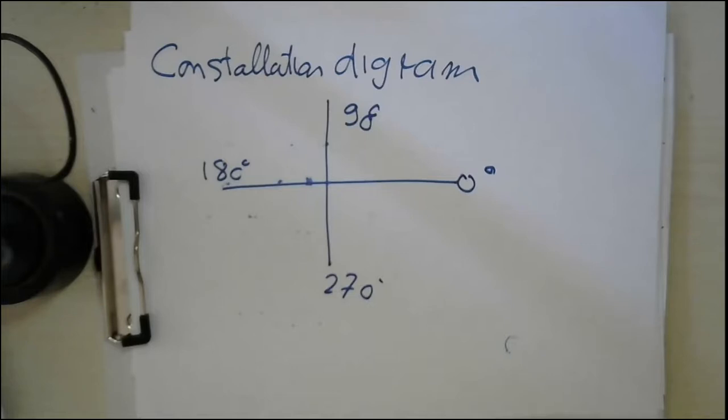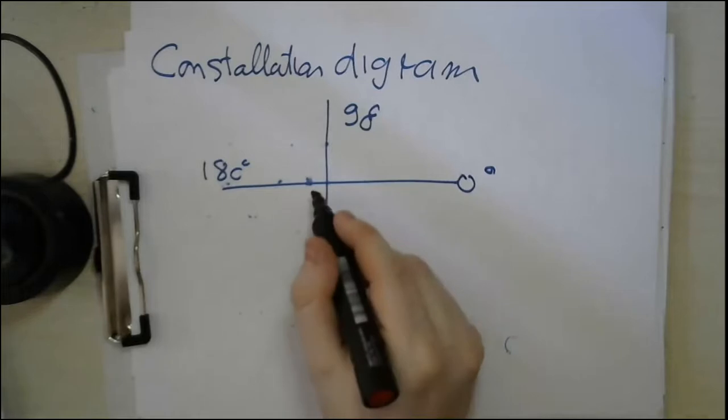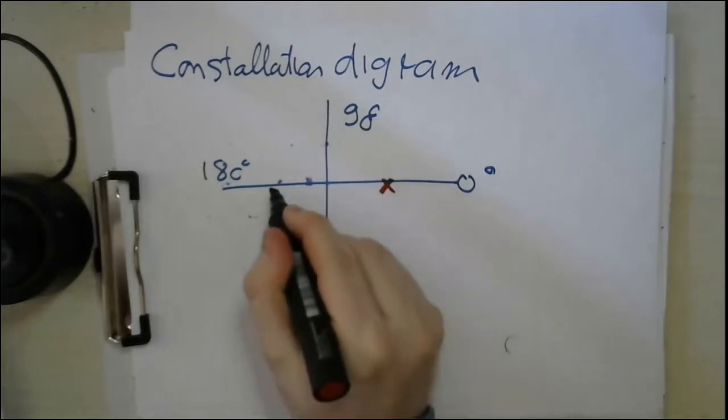For example, if I would like to plot a constellation diagram for the binary phase shift keying, I would say that I have two conditions, either to have the 1 or to have the 0. We agree that 1 will be reflected by a 0 phase carrier, and 0 will be reflected by a 180 phase carrier. Both have the same amplitude, so I will make two equally weighted points.